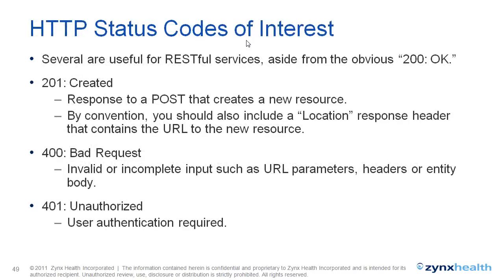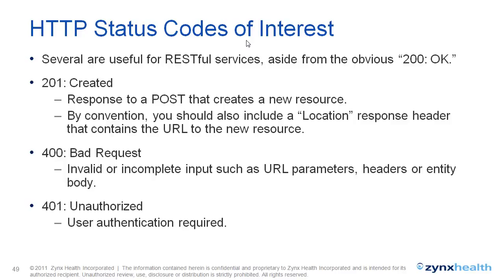Since it's part of the uniform interface, part of your design is going to involve decisions about what status codes you're going to provide. In certain cases, of course, the usual 200, that's great when you're successful, and 500, I guess, is okay when you throw an exception and crap out. But there are others worth considering. If you are using post to create resources, then returning a 201 is nice.